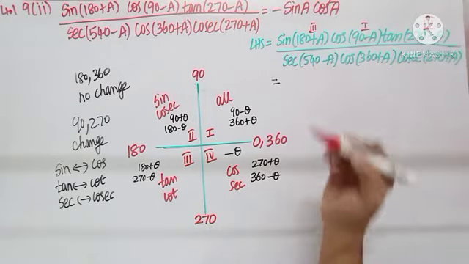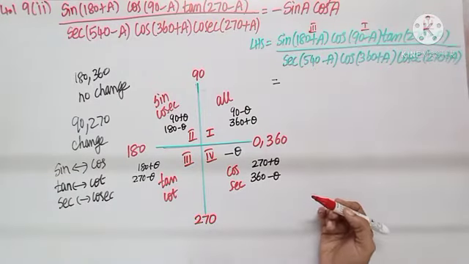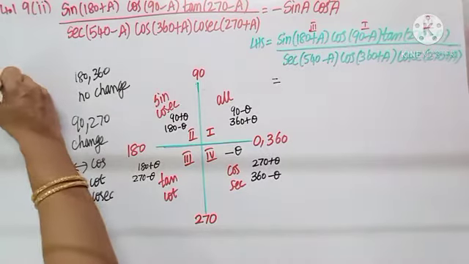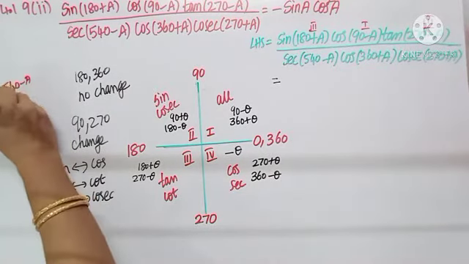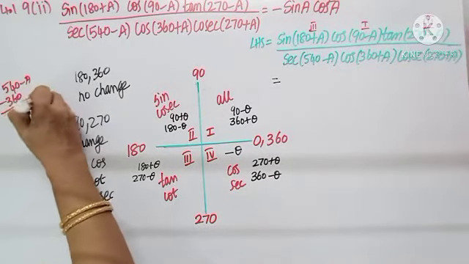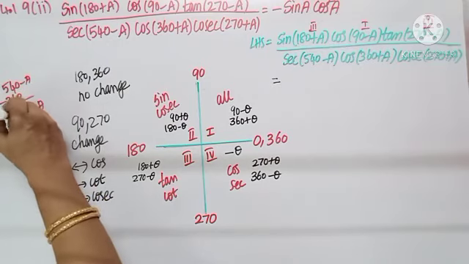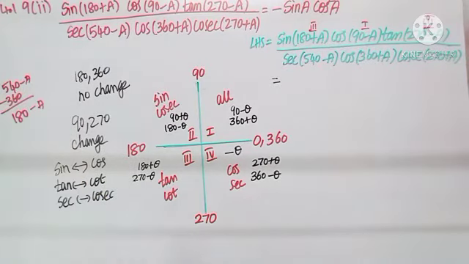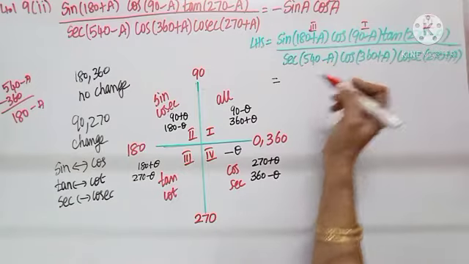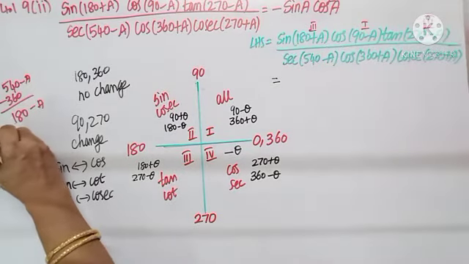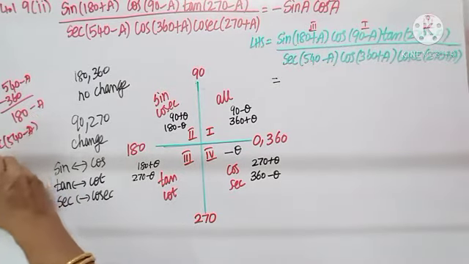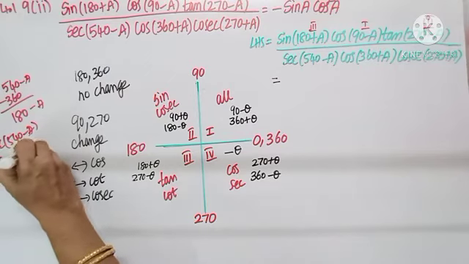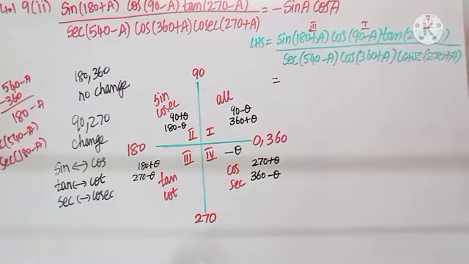540, it's a big angle. So definitely I need to work it out. 540 minus A, subtract 360. I will write 540 minus 360 is 180. So secant of 540 minus A is rewritten as secant of 180 minus A. So 180 minus A comes in which quadrant?